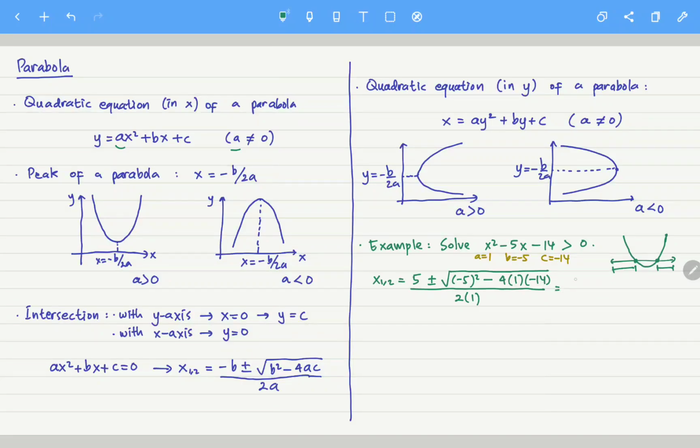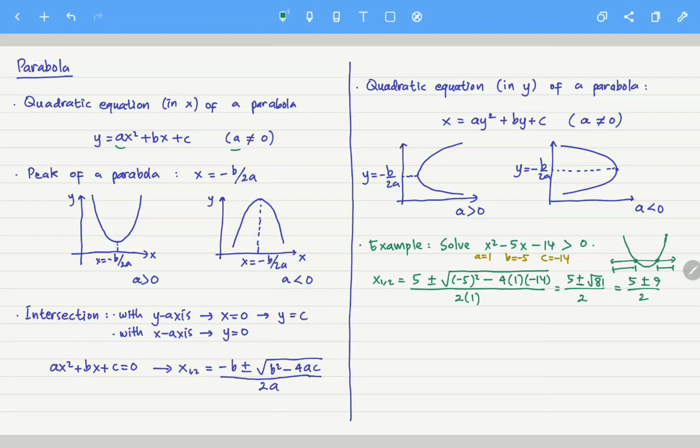So if you calculate, we will get 5 plus minus the square root of 81 over 2, and we will get 5 plus minus 9 over 2.